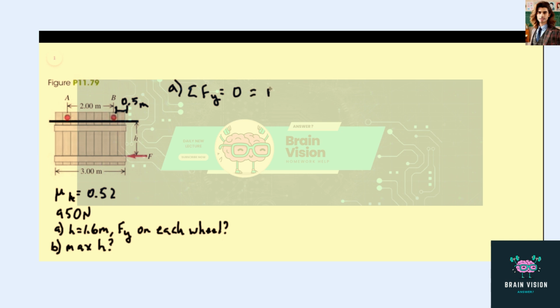So the normal forces on A and B have to add up to be equal to the weight of the door. The horizontal components of the forces add up to be 0 because it's not accelerating.